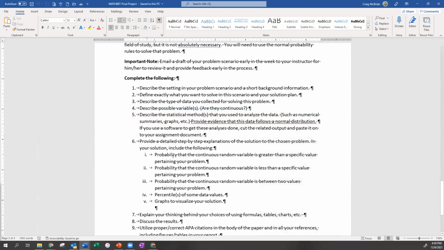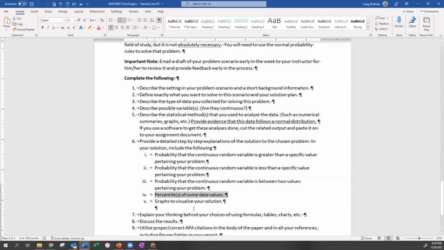I want you to describe how you would calculate the probability that a continuous random variable is greater than a specific value, less than a specific value, between two specific values, and percentiles. This is you describing how to do your homework. What's the process to do this?